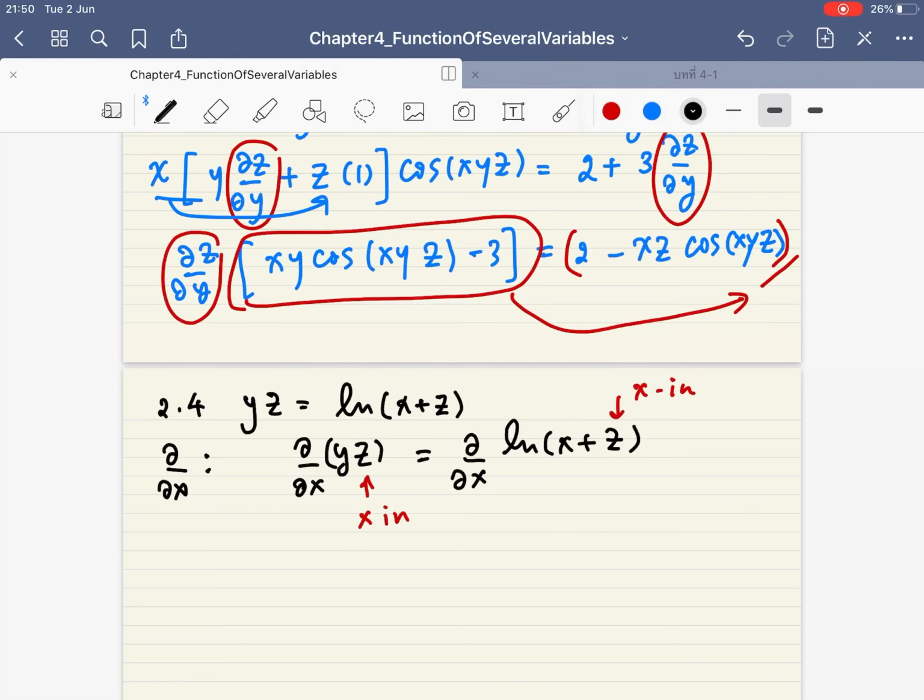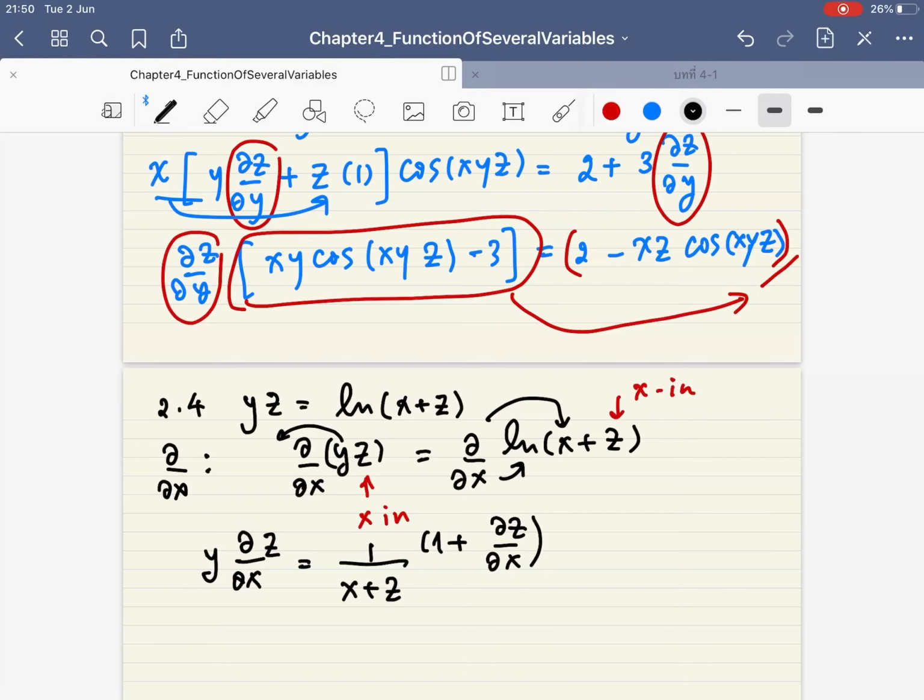So it means that for the first one, your y is a constant, so you just pull it out, and a derivative go directly to the z. A derivative of the log is 1 over, and then a derivative of the inside, which is 1, and dz by dx.